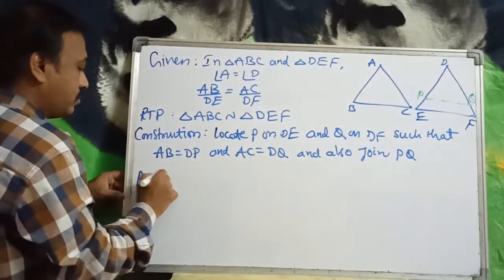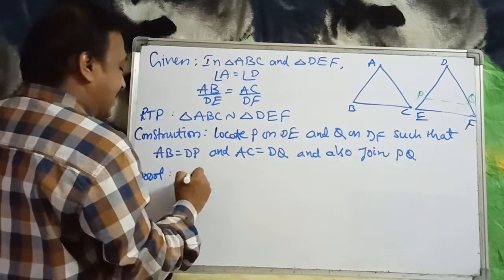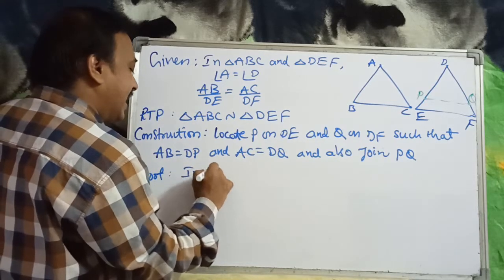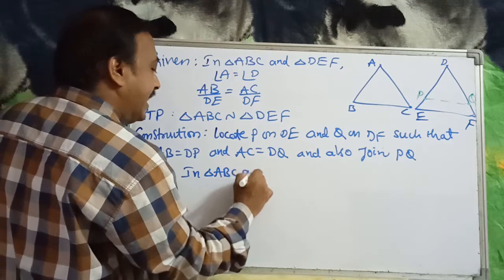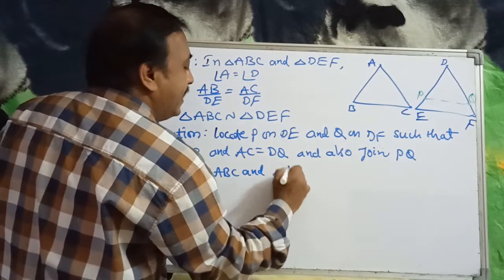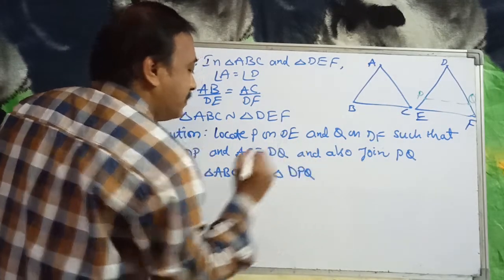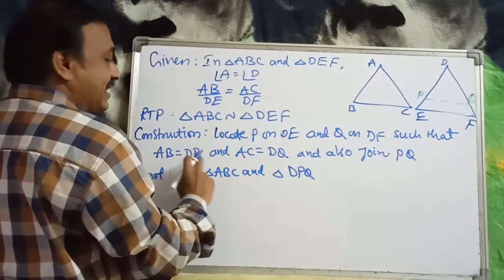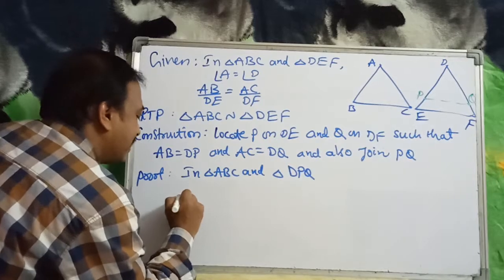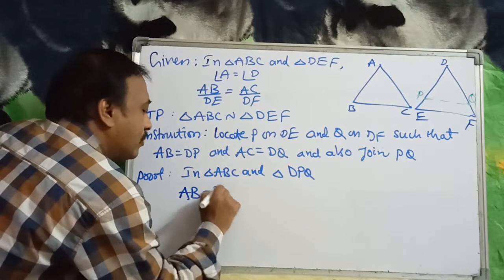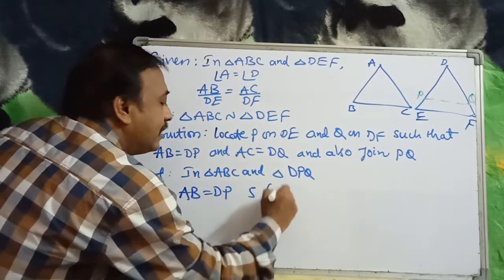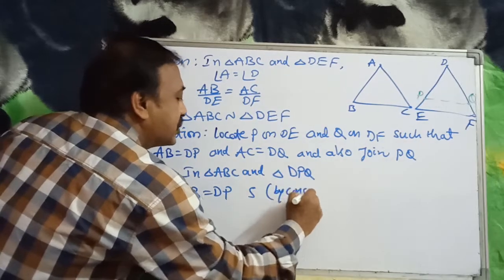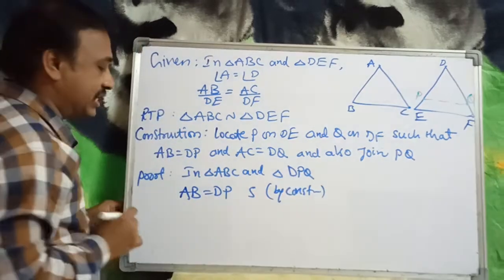Proof. In triangle ABC and triangle DPQ, AB is equal to DP, side by construction.